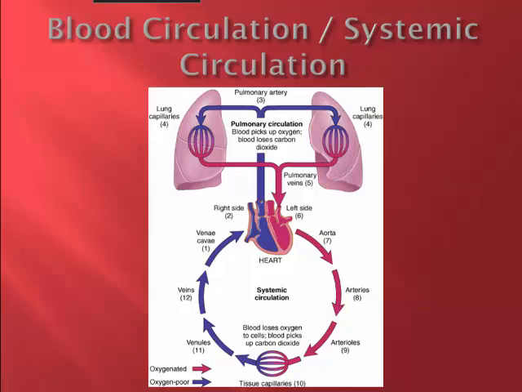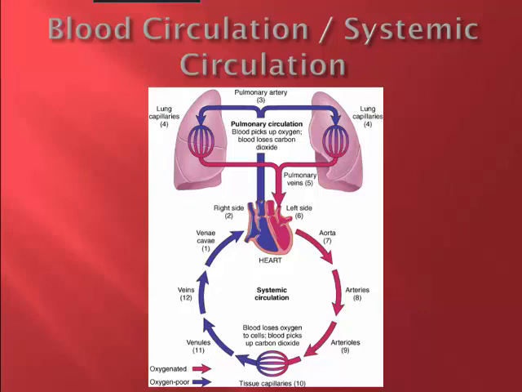So how does the blood flow throughout the body? We actually have two circulatory systems, a pulmonary circulatory system and a systemic circulatory system. So the pulmonic circulatory system comes from the right side of the heart to the lungs, picking up oxygen and returning to the left side of the heart.